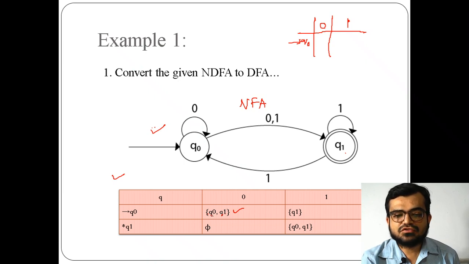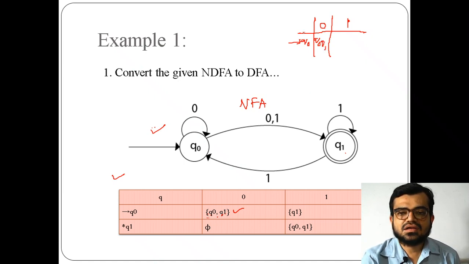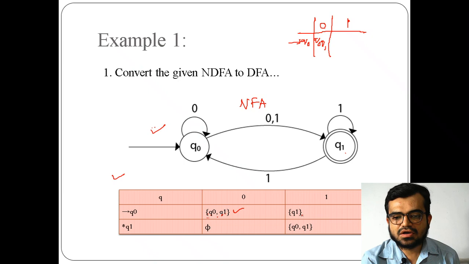In order to solve this problem, we need to make Q0, Q1 a single state. So we are making Q0, Q1 a single state, and that means it is valid. Now this one is not violating, so you can take it directly as Q1. Now Q0, Q1 is a single state.